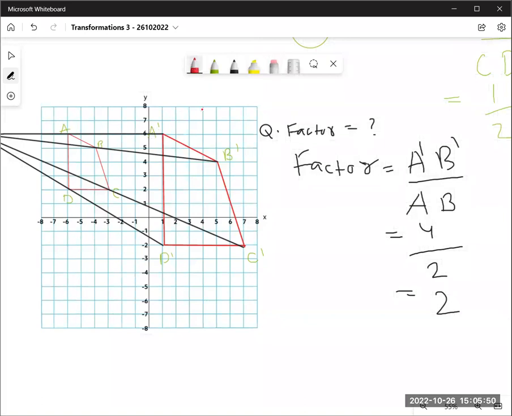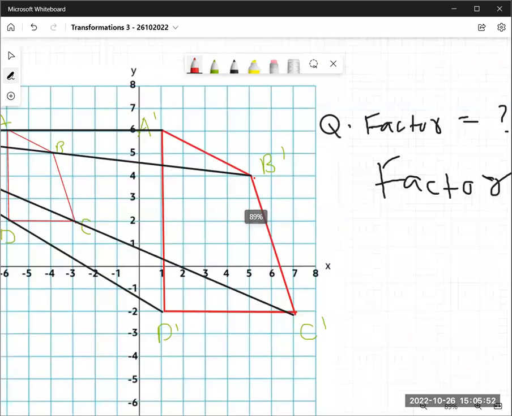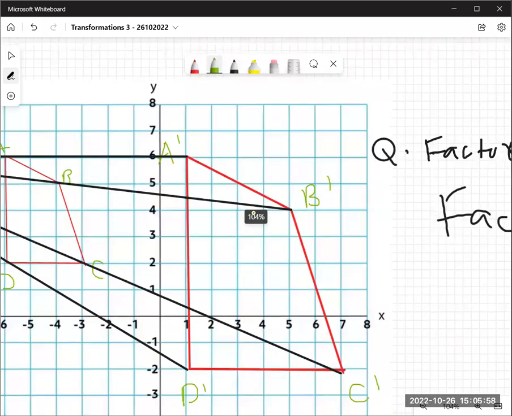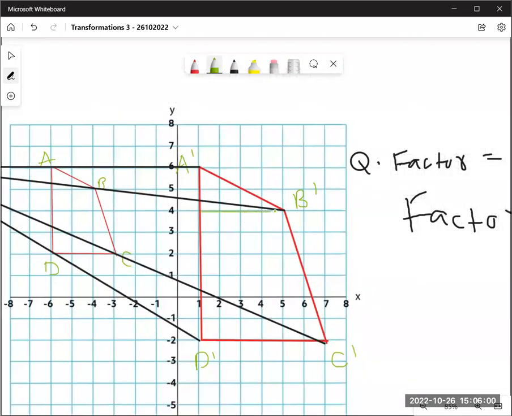Now in these cases, since these are diagonal, what do we use? We could use the Pythagoras theorem, but that's too complicated. Let's make it easy. Look at the yellow lines. Between this point and this point, what is the difference in the X axis? 4.